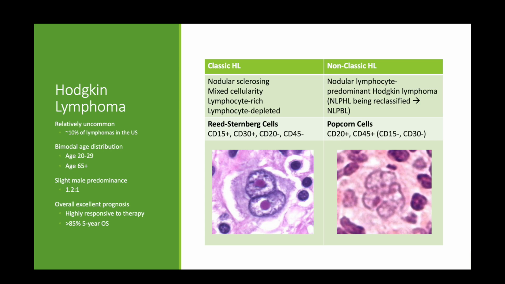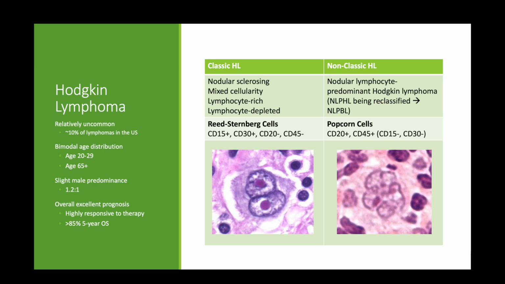The term lymphoma actually encompasses a very heterogeneous entity of cancers, different types of cancer arising from our lymph nodes, essentially. When we broadly think about lymphoma, we think about Hodgkin lymphoma versus non-Hodgkin lymphoma. And classically, what has always characterized Hodgkin lymphoma is the presence of Reed-Sternberg cells.